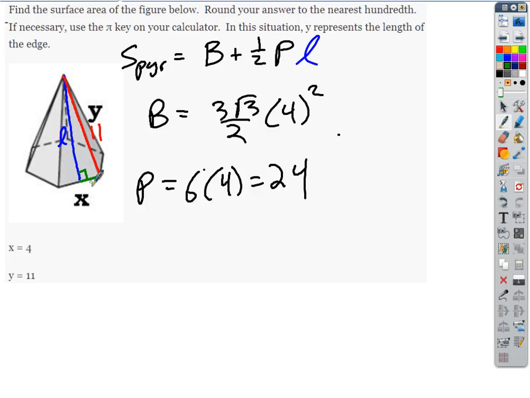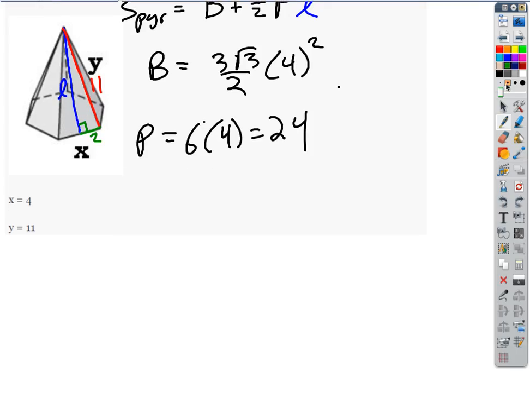So let's look at that triangle a little more closely. Pull that one off and make it a little bigger. So there's the slant height. There's the edge length, 11. And here's the other leg of that right triangle, which we said was 2. So what does the Pythagorean theorem tell us about those 3 sides then?